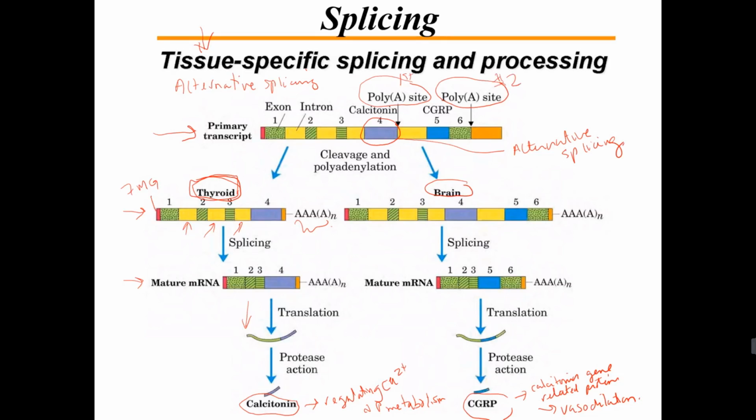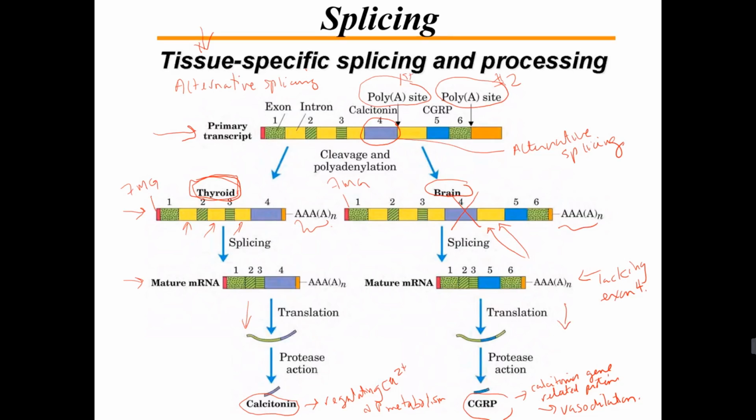So exclusion of exon 4, and again, as we add on our 7-methyl-G cap and our poly-A tail, and we get splicing out of the introns plus exon number 4, we get a mature mRNA that is lacking exon 4 in the brain tissue, and hence, once the ribosome translates it, we obtain the calcitonin gene-related protein.